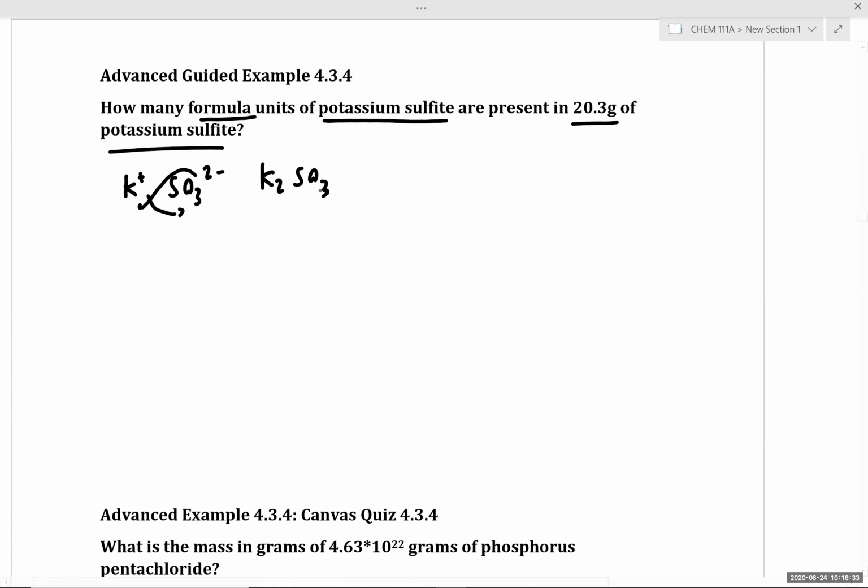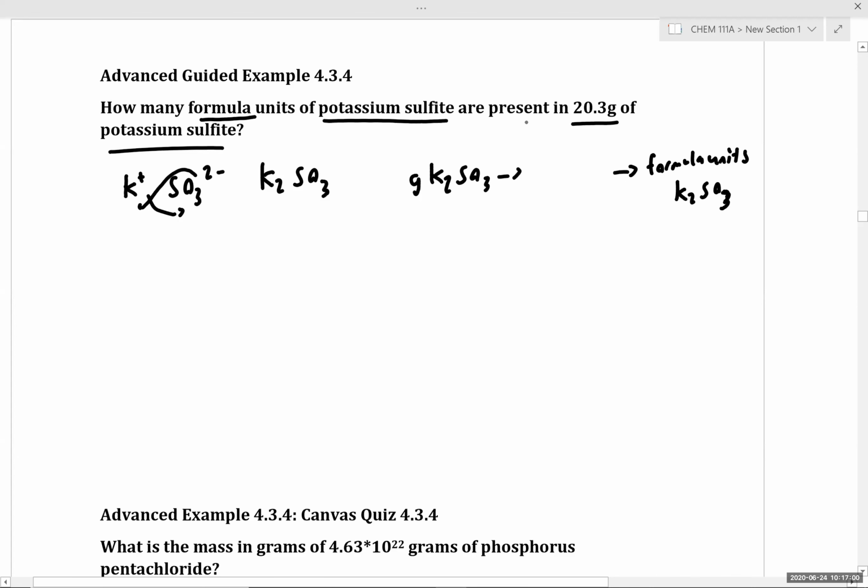Now in our scheme, we're going from grams of potassium sulfite. And our end goal is formula units of potassium sulfite, which you can think very similarly to molecules of potassium sulfite.